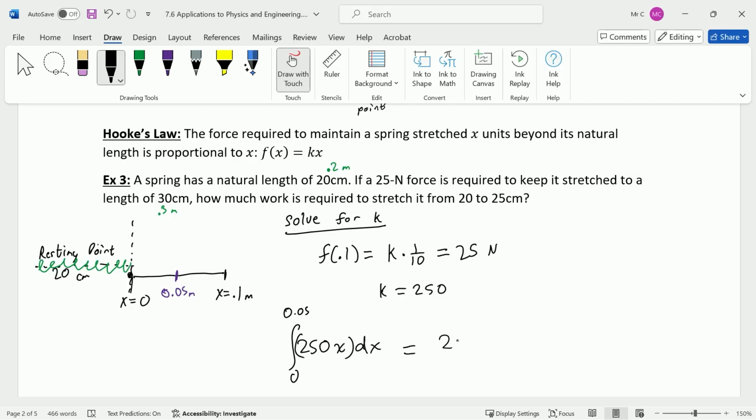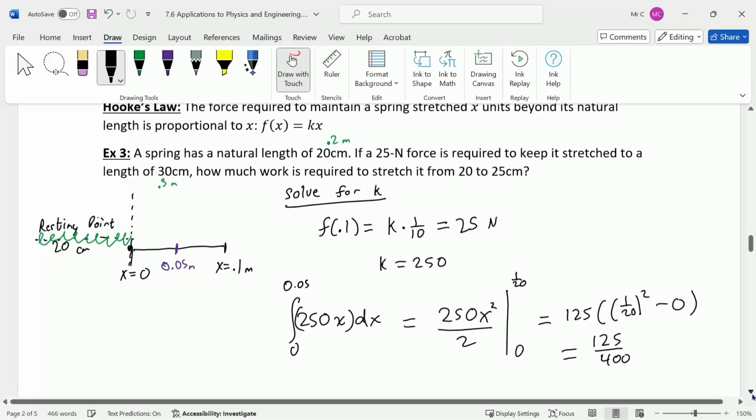Okay, so that gives me 250x squared over 2, evaluated from 0 to 0.05, which is 1 over 20. 250 over 2 is 125, so this becomes 125 times 1 over 20 squared minus 0. And finally, that's 125 over 20 squared, which is 400.